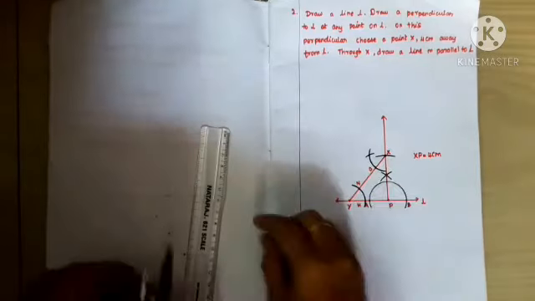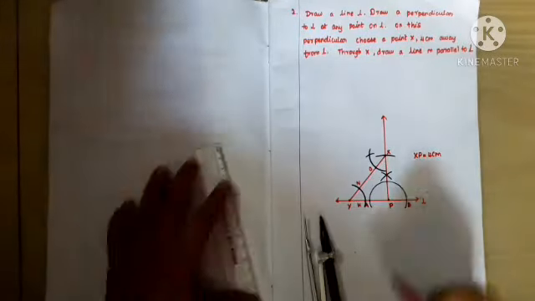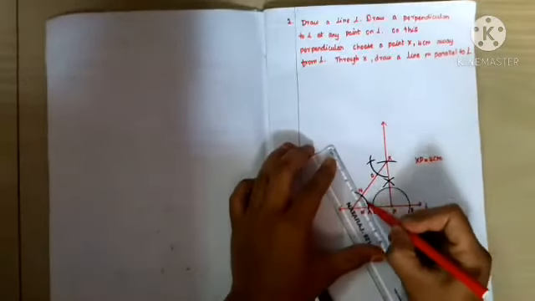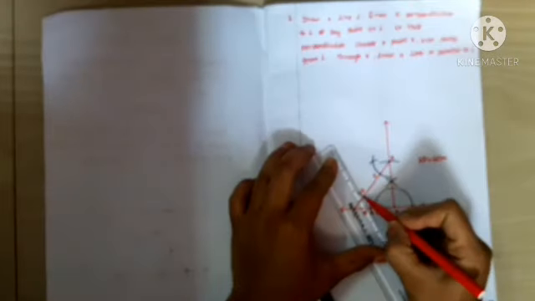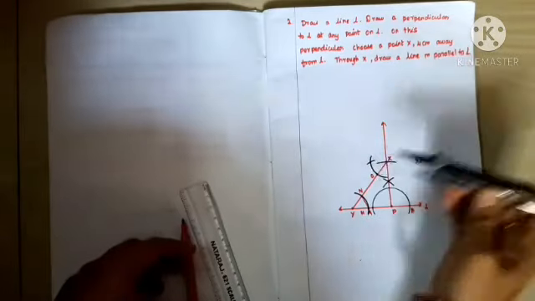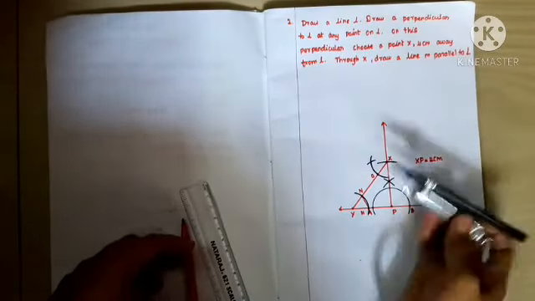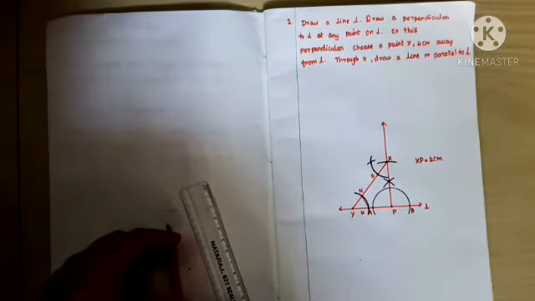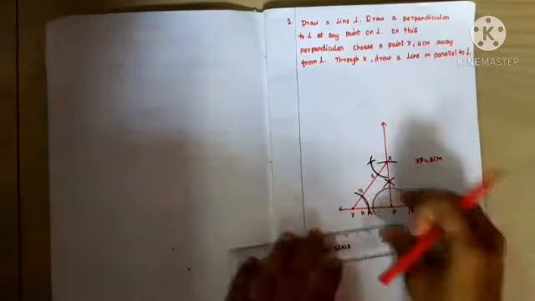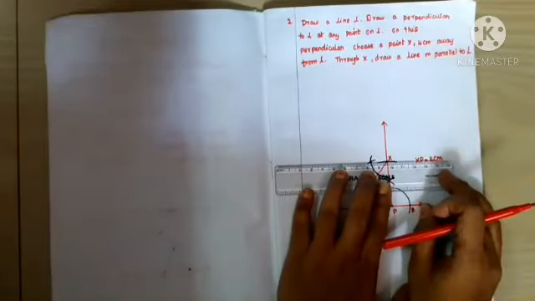So with O as the center, you have to take the measurement of MN in your compass, fix the needle at O and draw one arc which cuts the previous arc. Okay, so now you have to join those 2 points, that is the parallel line.